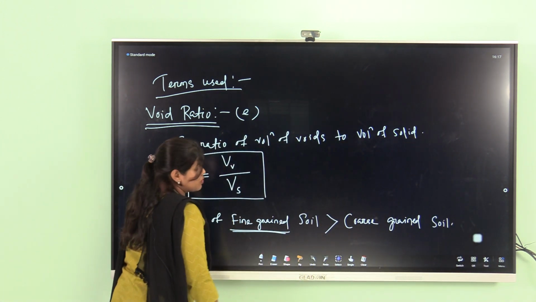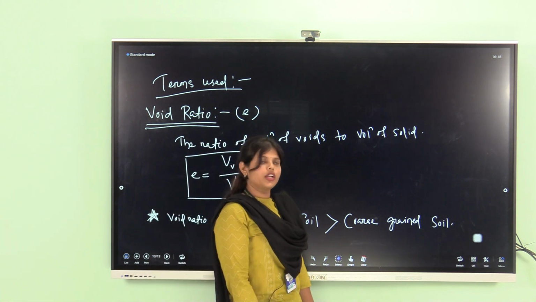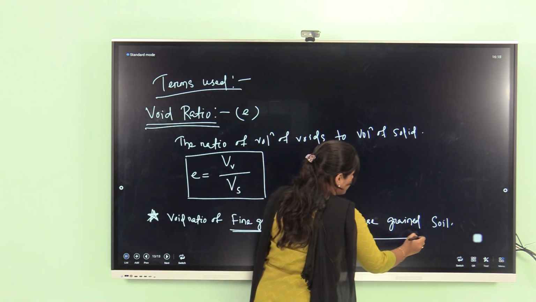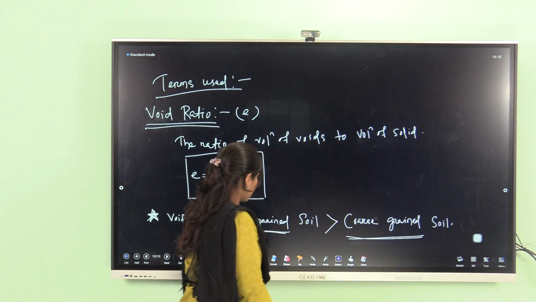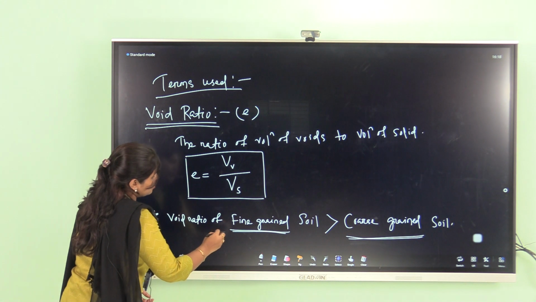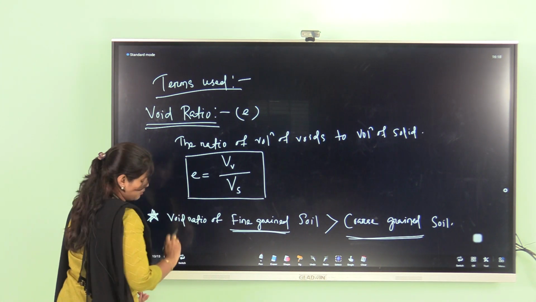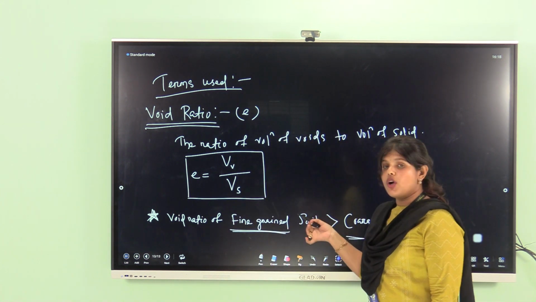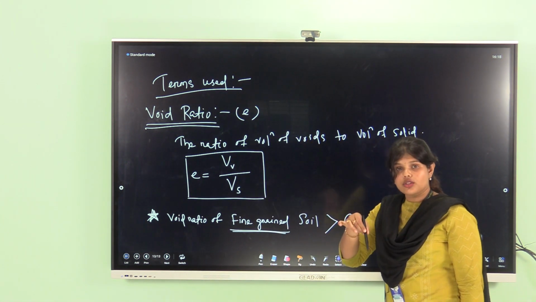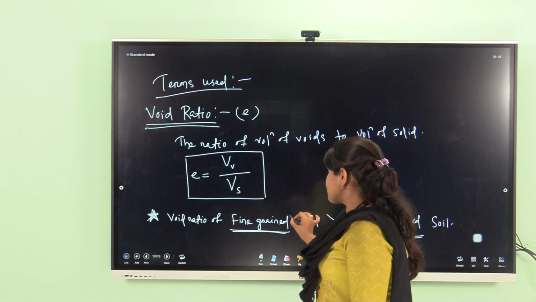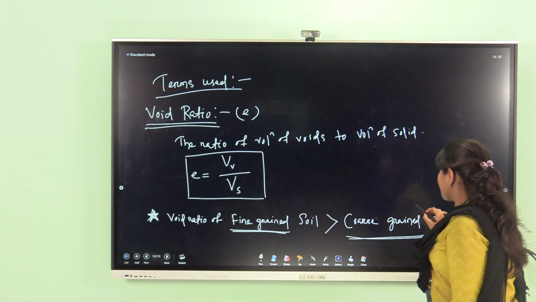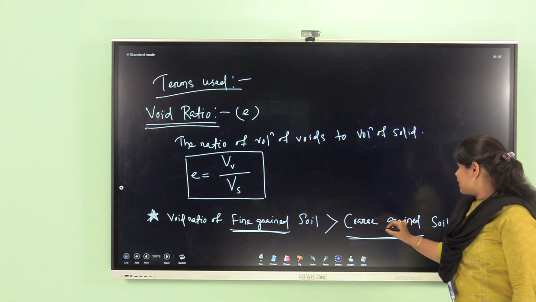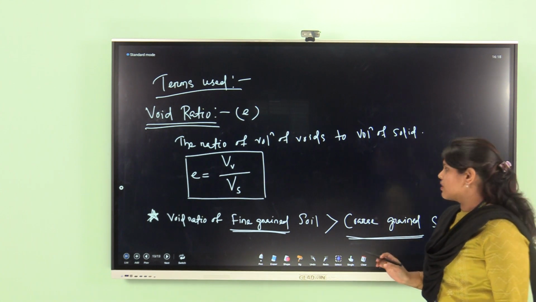After some classes, when we know about classification of soil, we will know all about it. But for now, if the soil size is less than 4.75 mm, or the soil passing through 4.75 mm, it is considered as fine grained soil, and the soil retained on the sieve of 4.75 mm is termed as coarse grained soil.